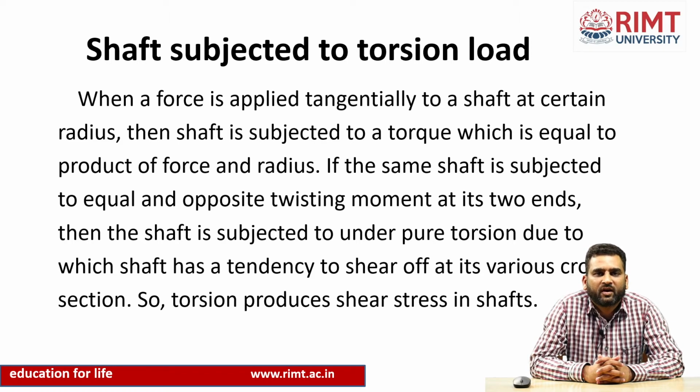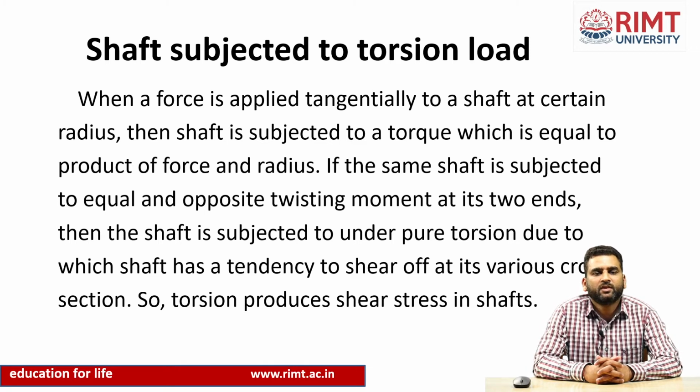First is when the shaft is subjected to torsion load. So, first we will discuss what a torsion load is. When a force is applied tangentially to a shaft at a certain radius, then the shaft is subjected to a torque which is equal to the product of force and radius.